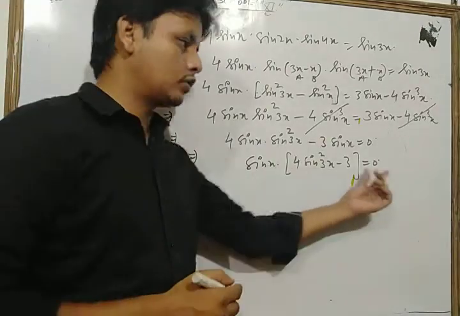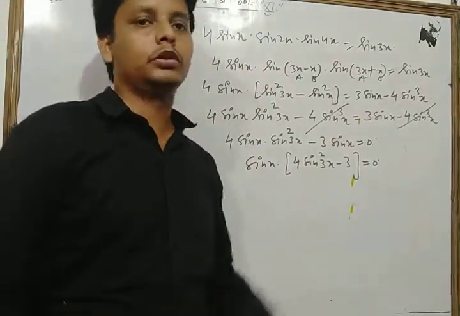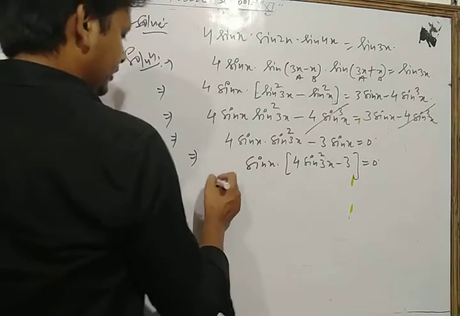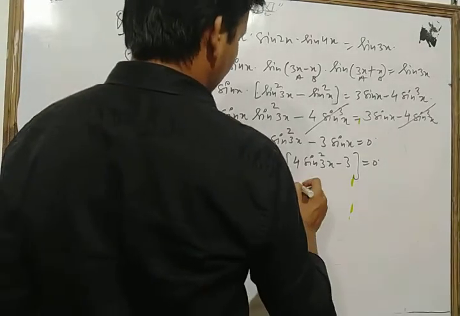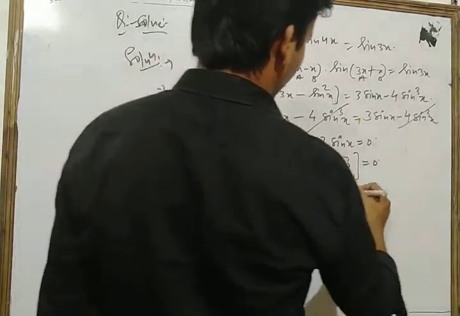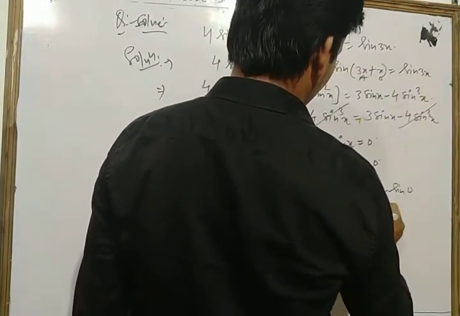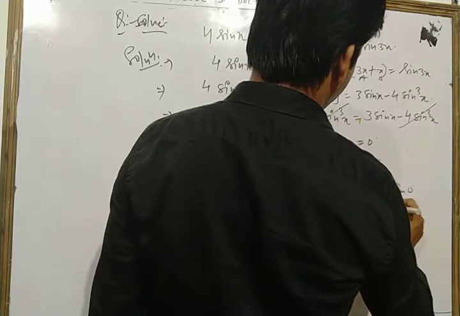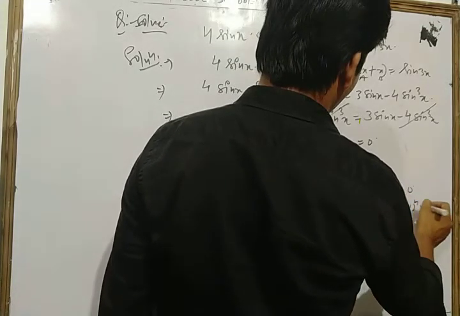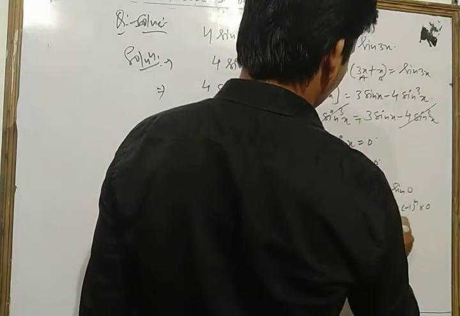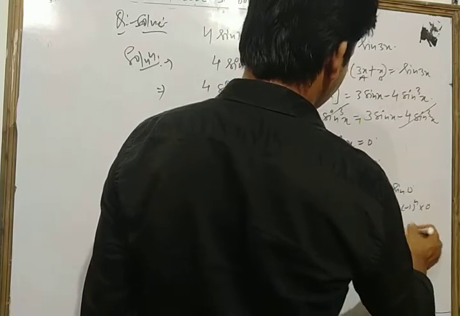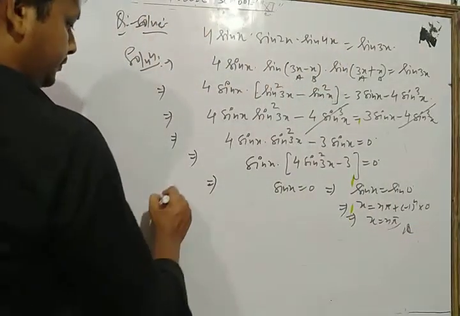Now we take sin x is equal to 0, and now we take this part is equal to 0. If we take sin x is equal to 0, then we know that sin x is equal to sin 0 degree. So x is equal to nπ plus minus 1 to power n into 0. So x is equal to nπ. This is one answer.